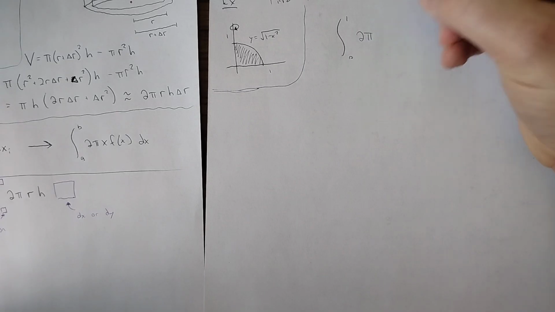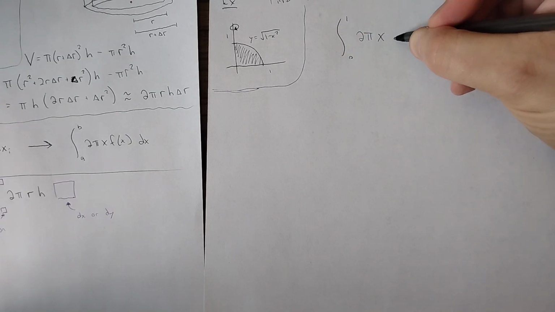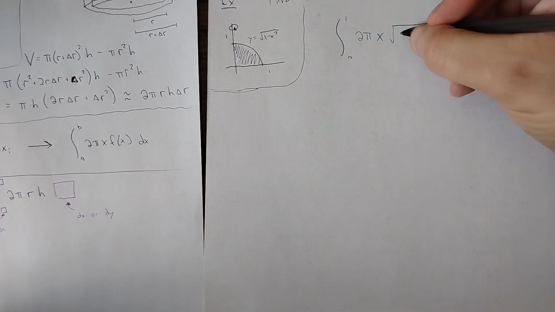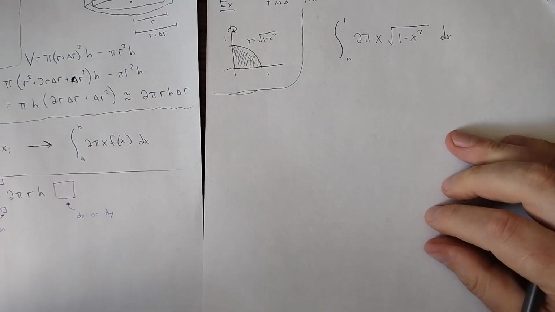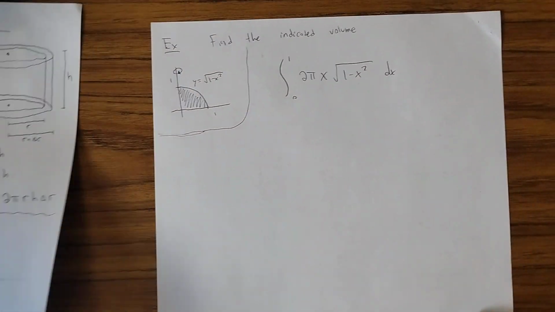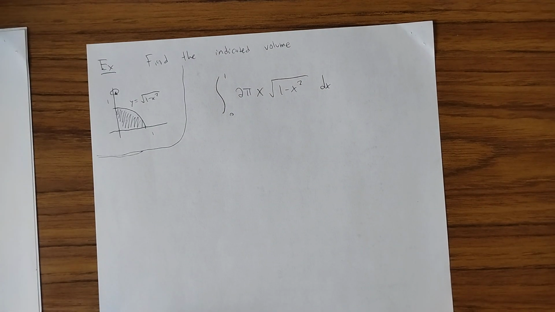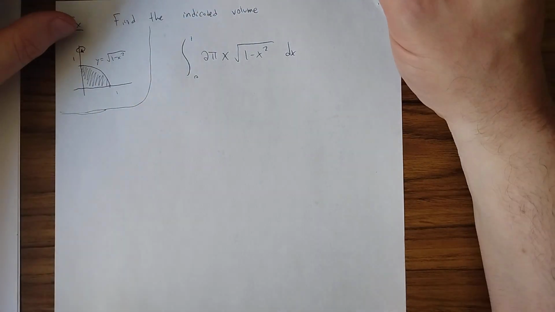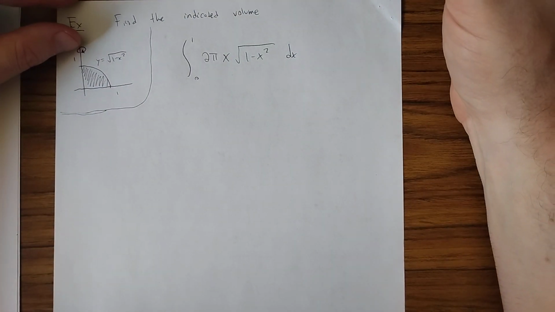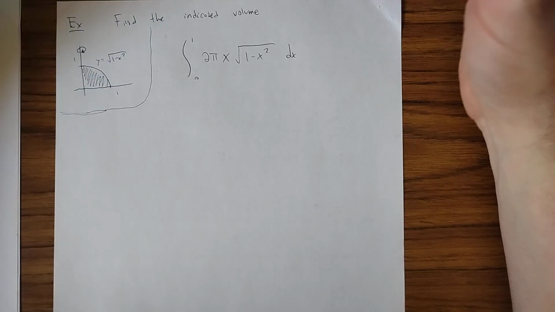There's a 2 pi, there's an x. My f of x is 1 minus x squared, like that. So that's my setup. So let's do it. I can pull the 2 pi out. And again, you can always do that.